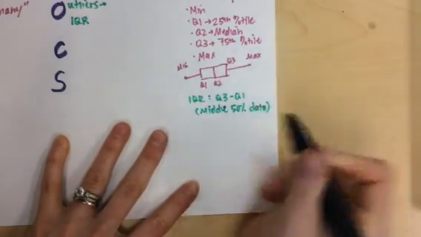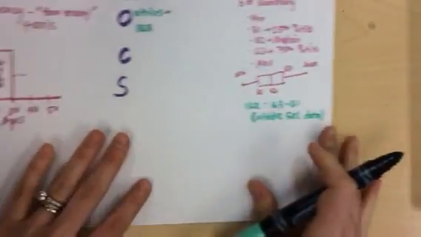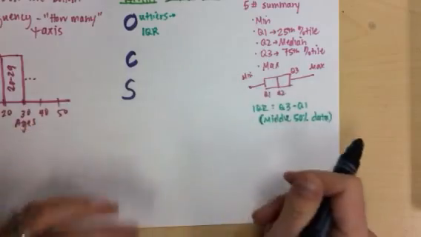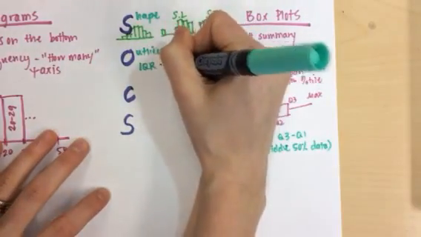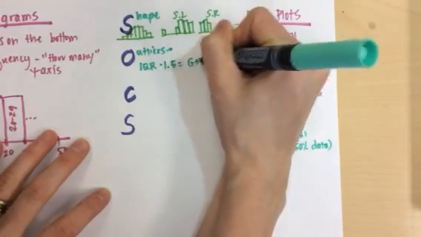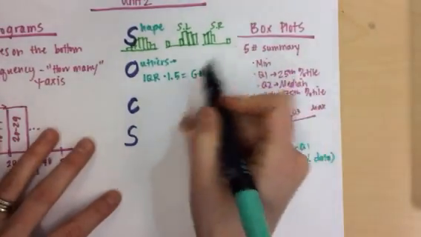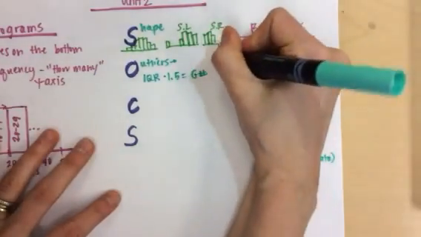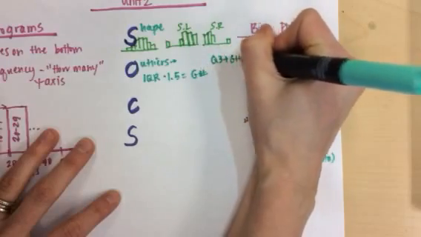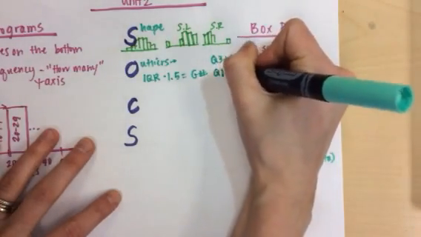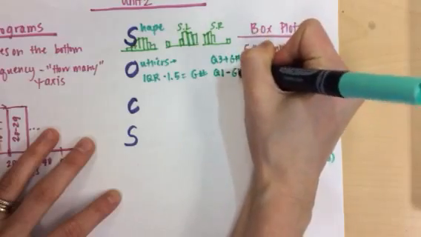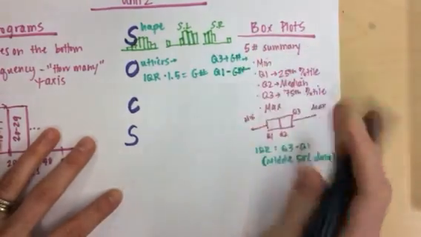It's a way to measure variability, or the spread of the data. For outliers, IQR times 1.5 gives you your golden number. You take that golden number and do Q3 plus the golden number to see if anything's beyond there, and we also do Q1 minus the golden number and see if anything's to the left of that.